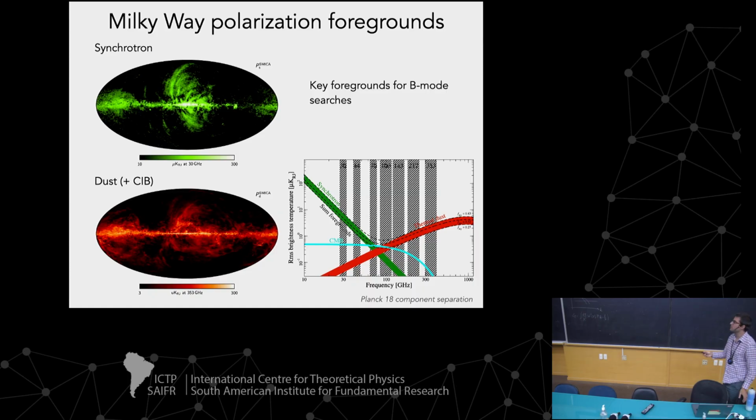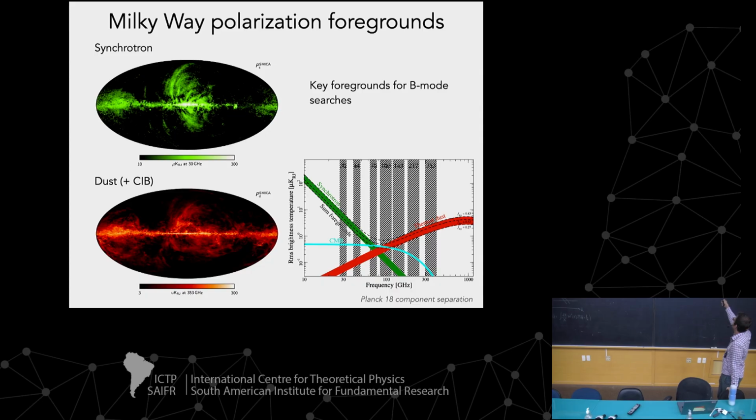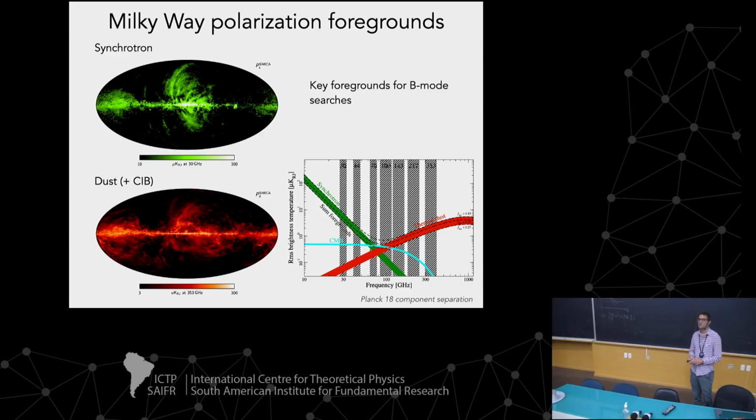Yeah, so if you were to observe the CMB at one of these frequencies, but really at any frequency, you see a very bright emission along the galactic plane. And so typically what's done is this emission is masked. So you take your map and you throw out all the pixels that are close enough to the galactic plane, and you might keep only something like 60 or 70% of the sky for your data analysis.